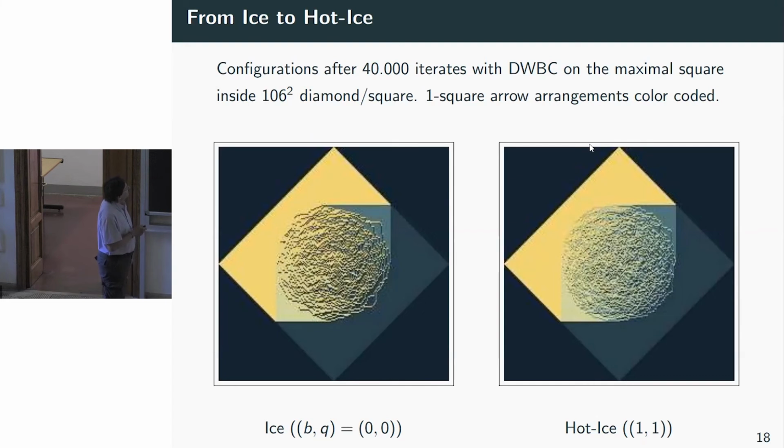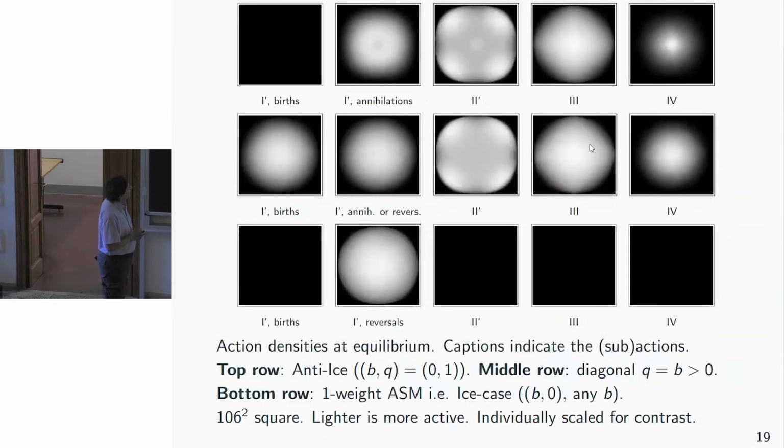But what is actually, I think, much more illuminating is to look at the supports of these distributions of the different actions. What do we have in here? Let's start from the bottom row. This is the ice model, the one that you've seen many times over.